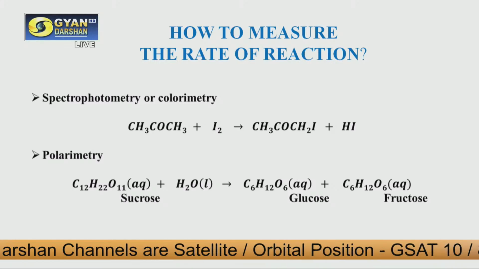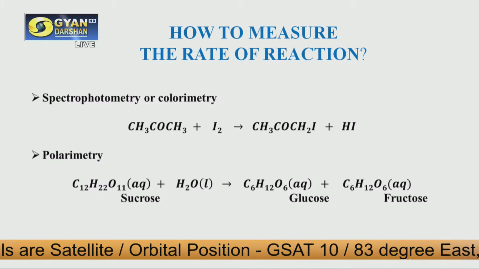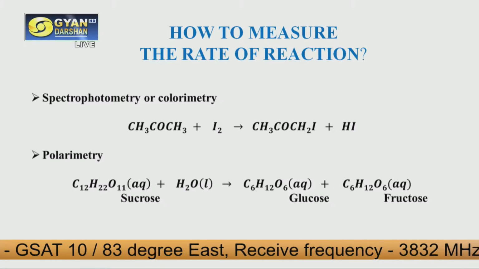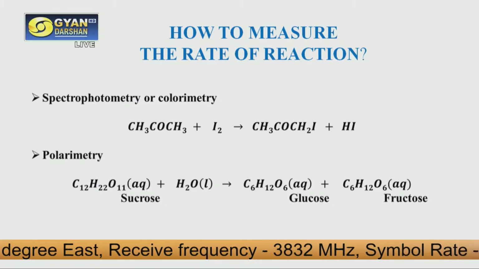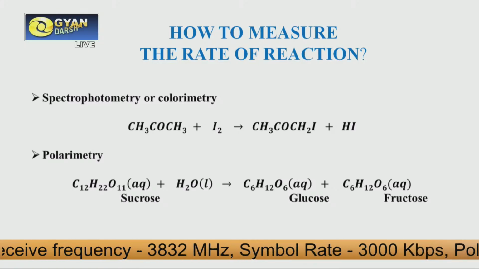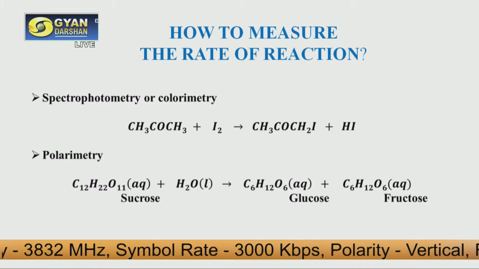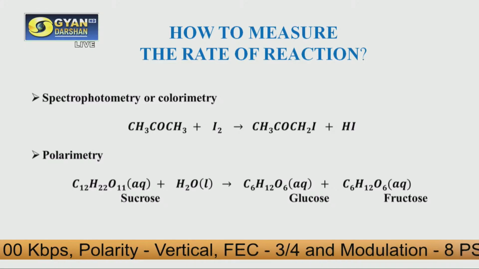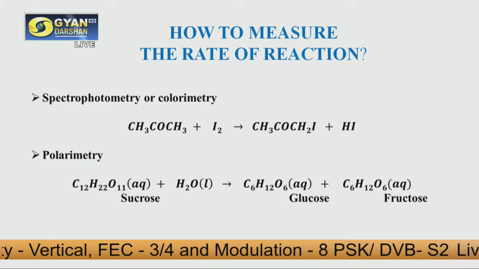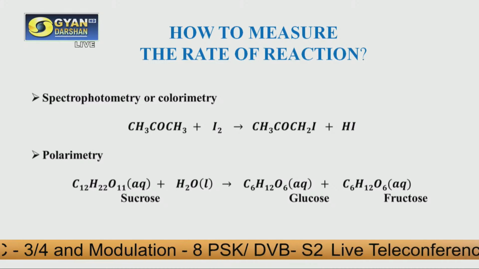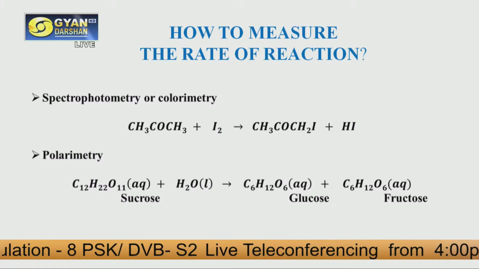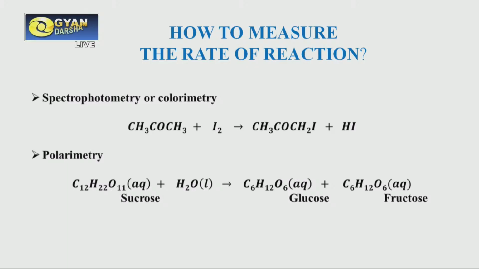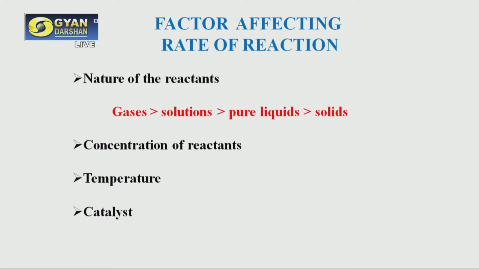Polarimetry also, the inversion of cane sugar, you might have done: sucrose is dextrorotatory, and with water it gives glucose and fructose, which are dextrorotatory and levorotatory respectively. From polarimetry you can calculate the rate with a simple formula, putting in the length and the strength in terms of concentration.